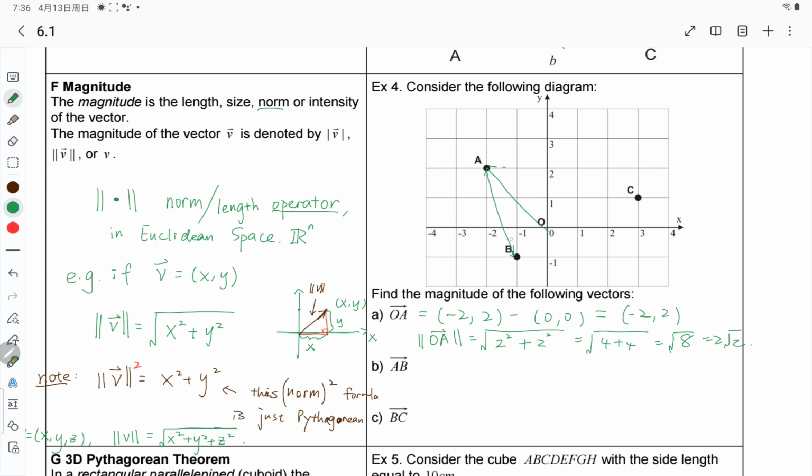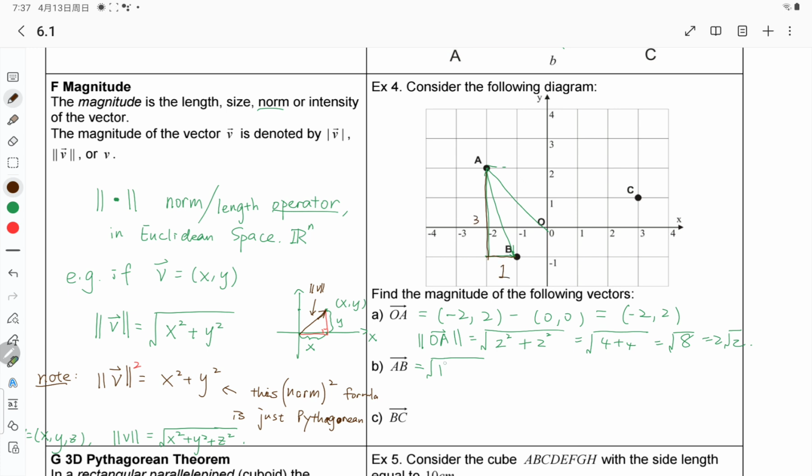What about AB? From the picture you can see the square root of 1 squared plus 3 squared, because this side is 3 and this side is 1.